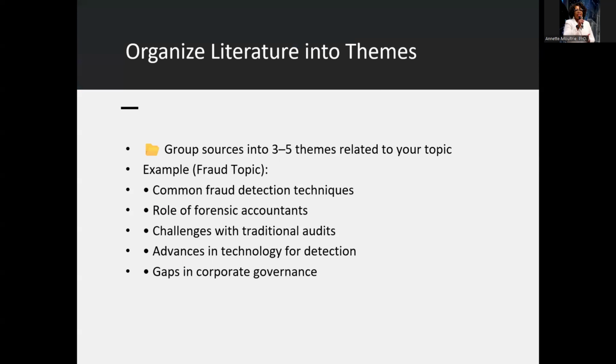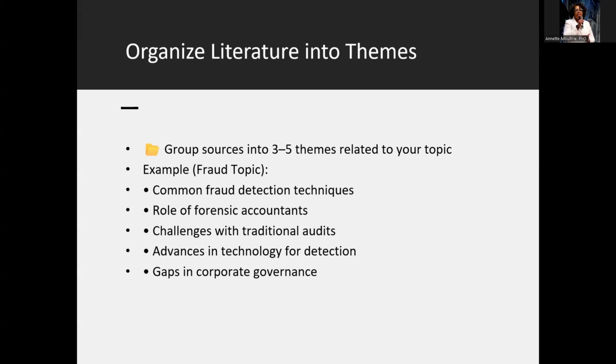The next step is that you're going to organize by themes. Don't just go article by article. Instead, you want to group your findings into at least 3 to 5 major themes. For example, say you're studying fraud-related cases. Your topic is on fraud.